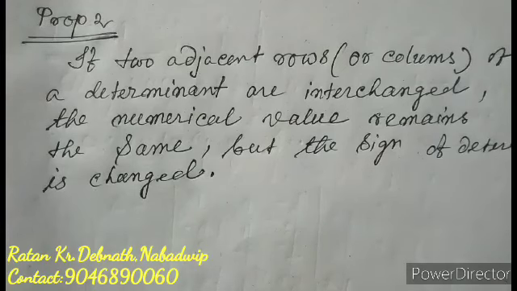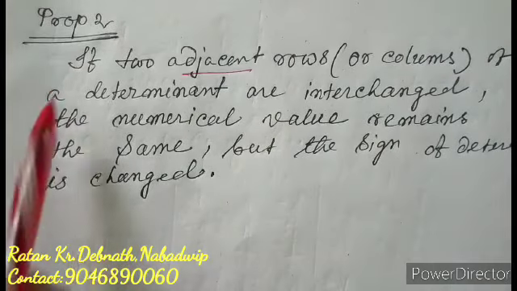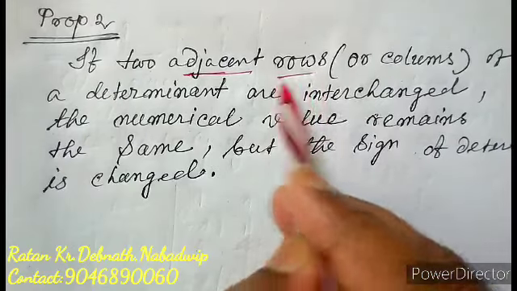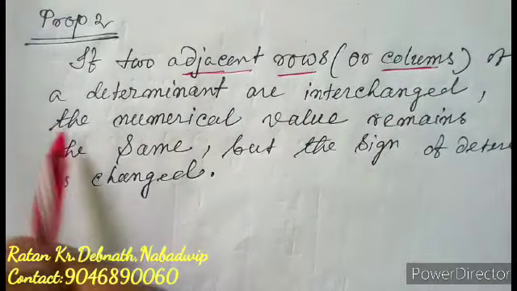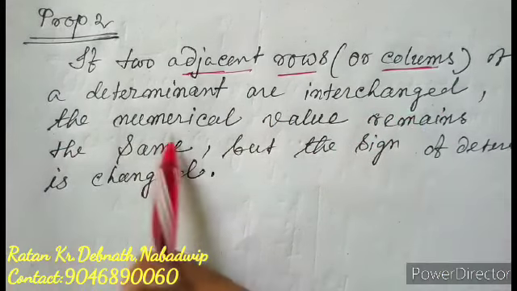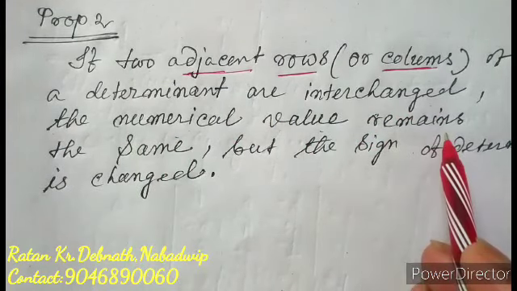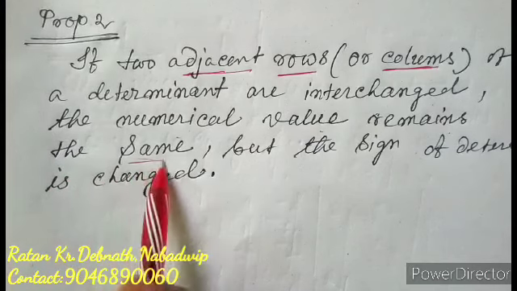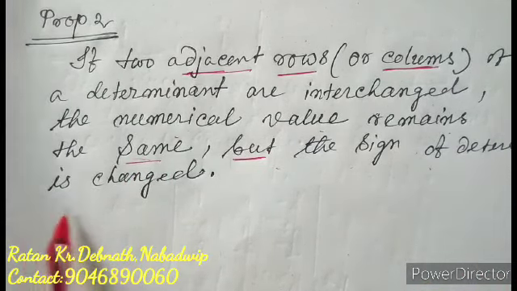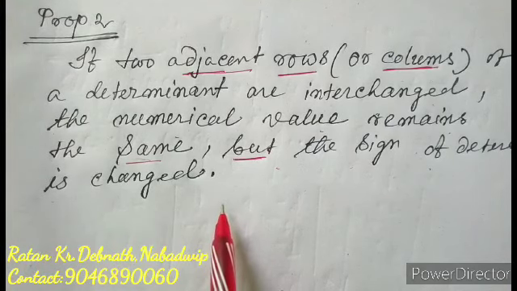The second property of determinant: if two adjacent rows or columns of a determinant are interchanged, the numerical value of determinant remains same, but the sign of the determinant is changed. What does it mean?